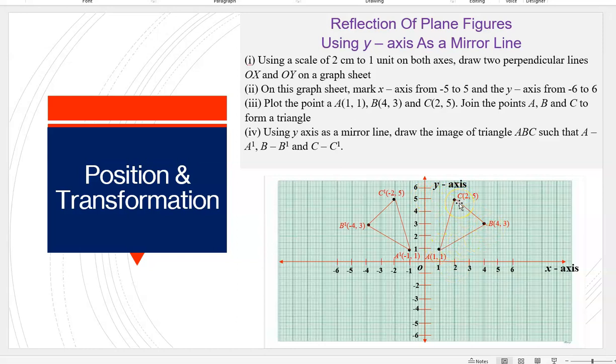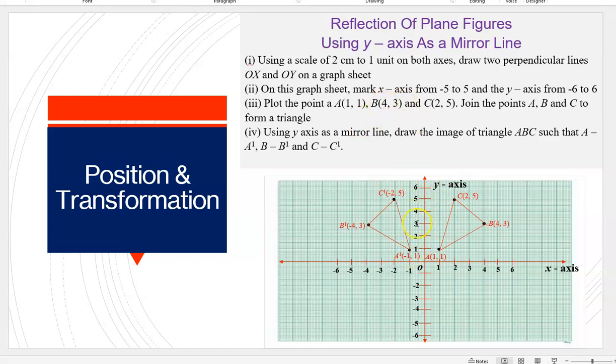Using y-axis as a mirror line, draw the image of triangle ABC such that A maps to A1, B maps to B1, and C maps to C1. A was (1, 1). So when we reflect it, we will get (-1, 1). You can use the formula and you still get the same thing.